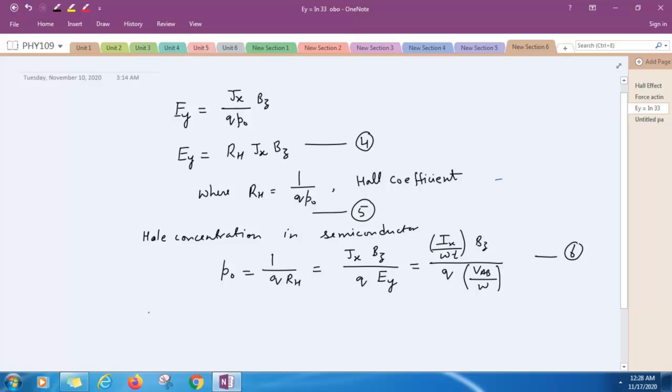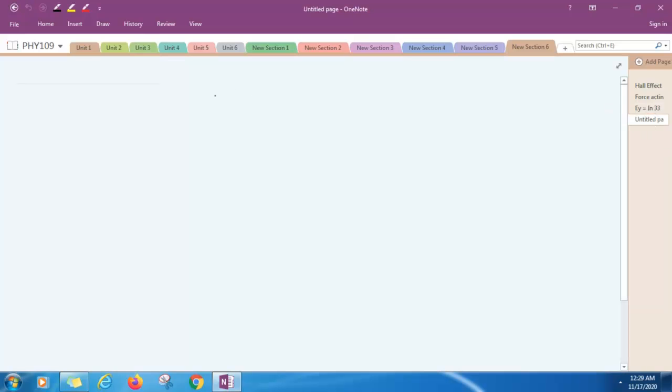Now I am going to calculate resistivity of the semiconductor. How can we calculate resistivity? That is, rho is equal to R A over L, area A is W into T. How can we calculate resistance?